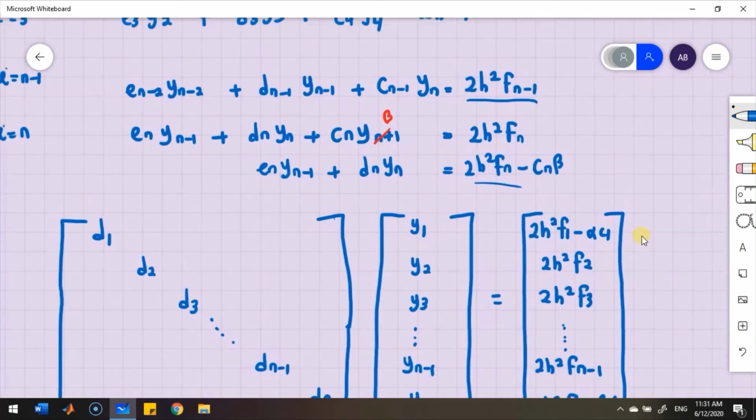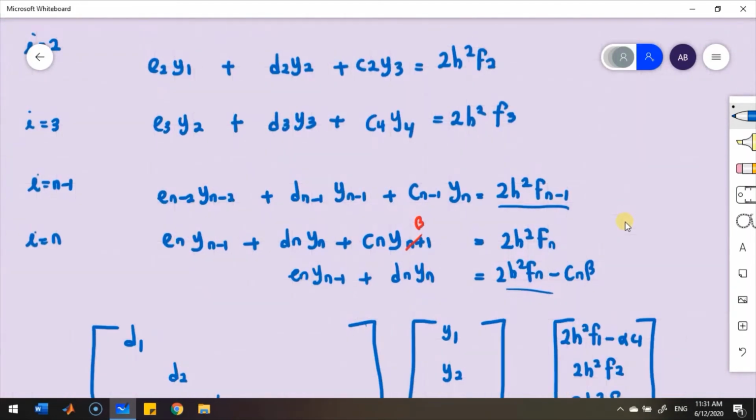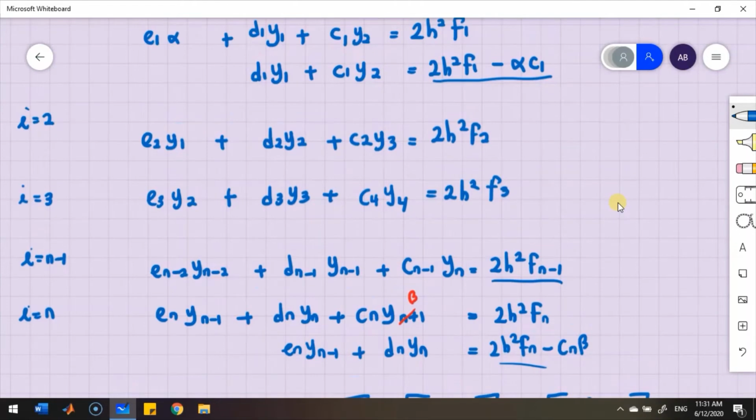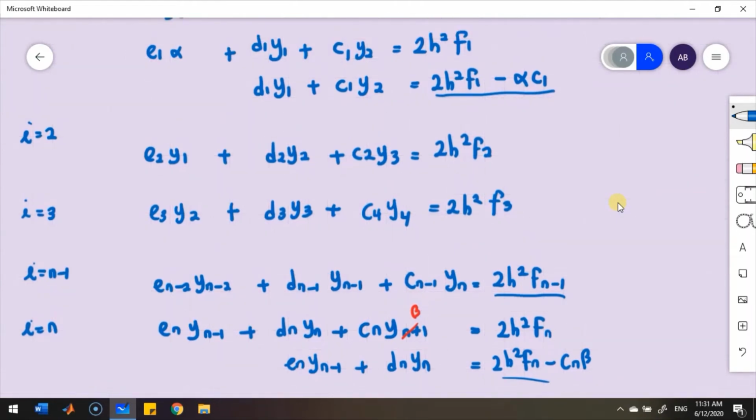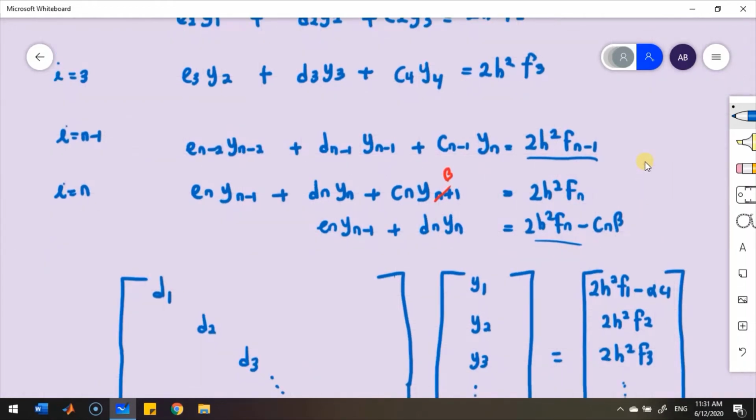And then for above the diagonal, I have c1 for y2. So I have c1 here, the rest is 0.